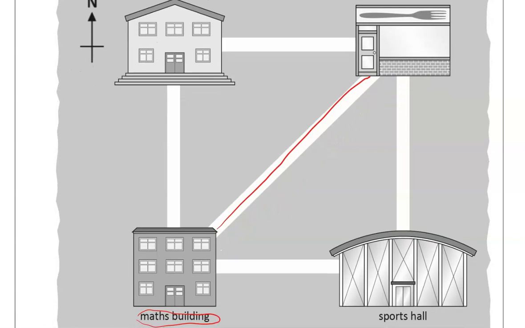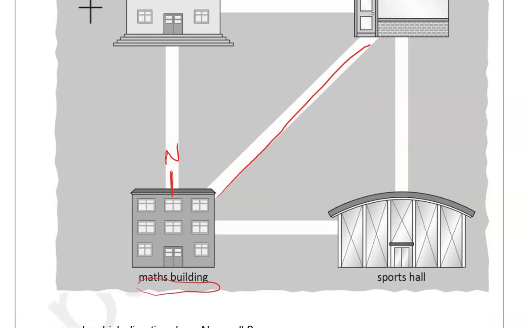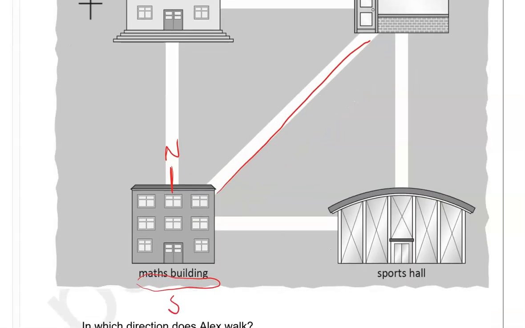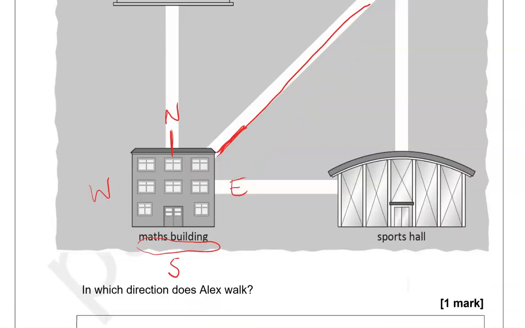So this is the starting point. So we've got to refer to this. So from the maths building, this is the north, this is the south, this is the west, and this is the east. So this one is in between the north and the east. So we're going to say northeast.